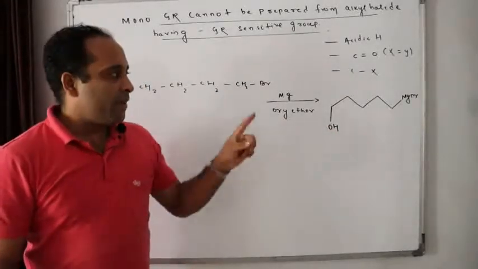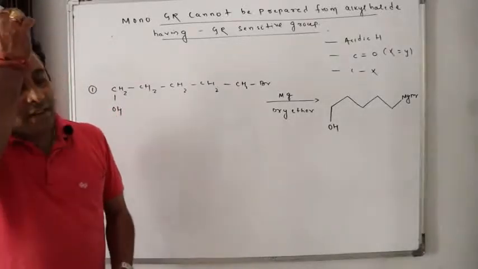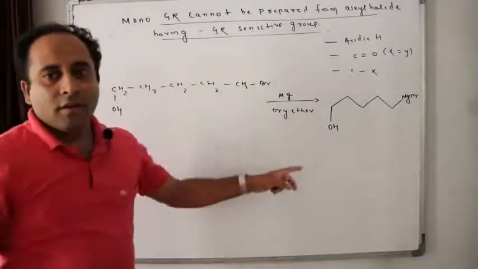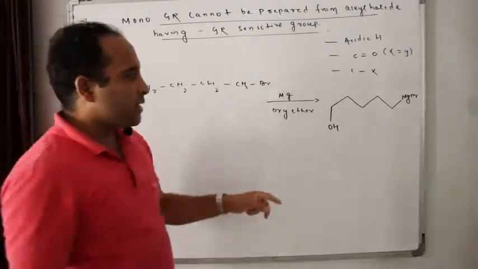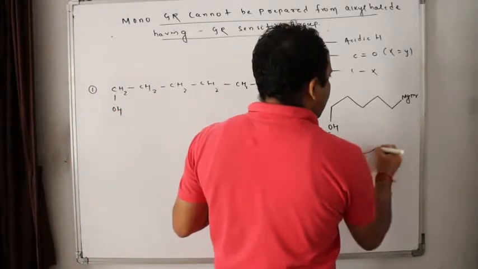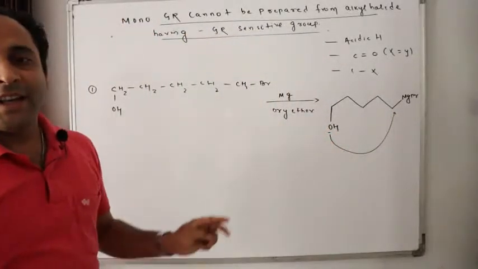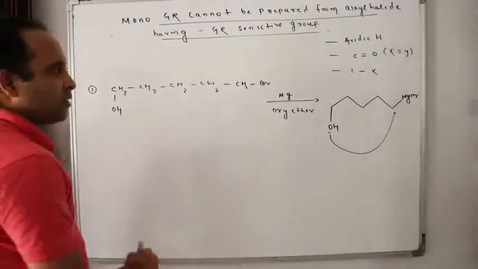Now is this group an acid sensitive group? Yes or no? When it is an acid sensitive group, what will happen in this case? Very small thing will occur. Here, this acid sensitive group will lose H, right? The attacking MgBr will remove it. So what will be formed here?